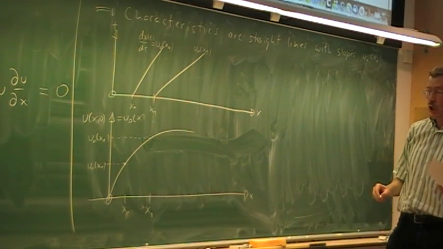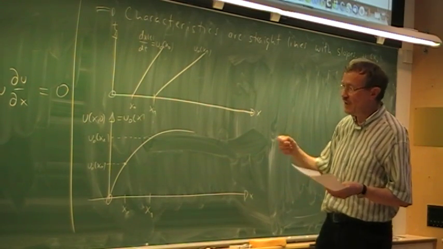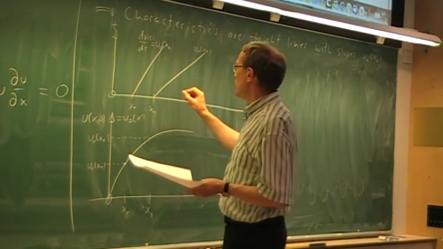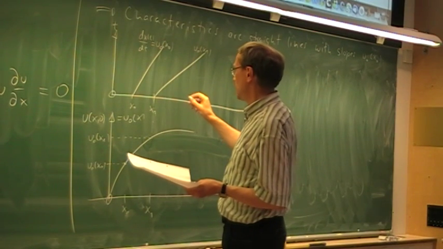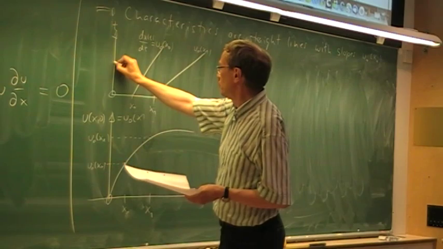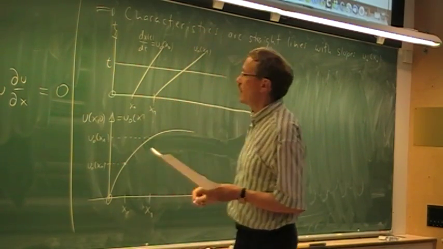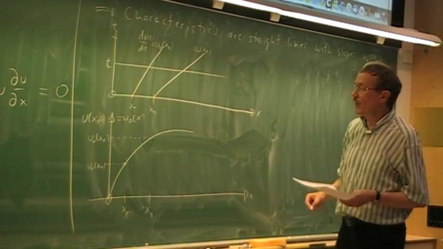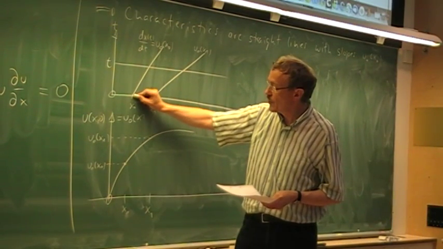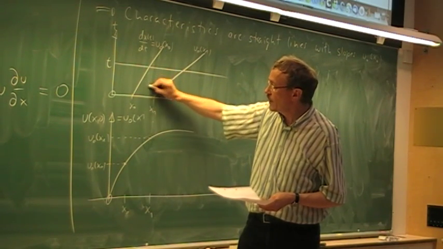And if we want to know where the solution is after a certain time t, let's assume we take this time here and we want to know what is happening at this time. Then we know the solution that was first at x0 will now be at this point here.